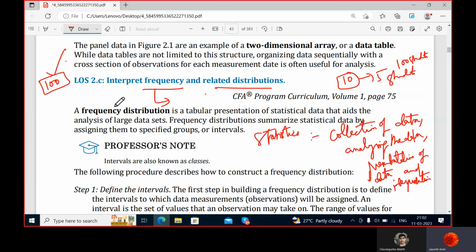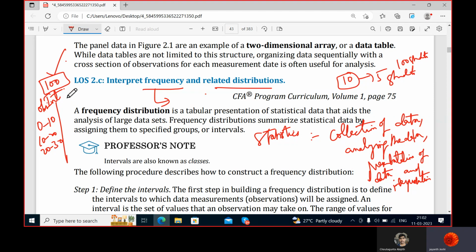What we can do here is take the data in the first column as observations, and I'm taking the observations in the form of intervals. What is an interval? I'll explain it right now. I'll take that in intervals of 10. So 0 to 10, 10 to 20, 20 to 30. I'm just showing you a frequency distribution. So these are observations in the form of intervals, class intervals.